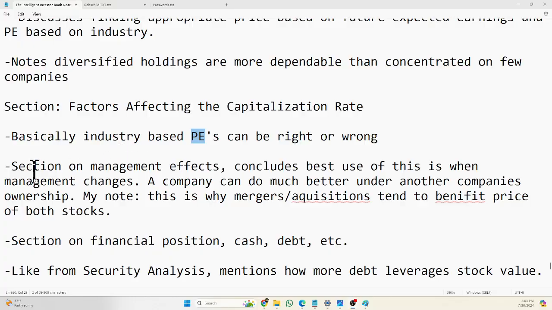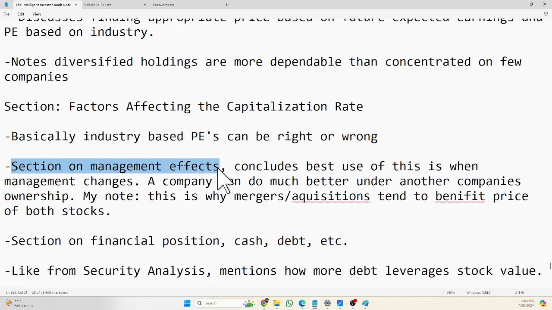So if you have metal miners that have been trading at 10 PE for the past 20 years, and someone says, oh, that's all about to change now. Well, maybe not. But we get to that point later in the chapter.